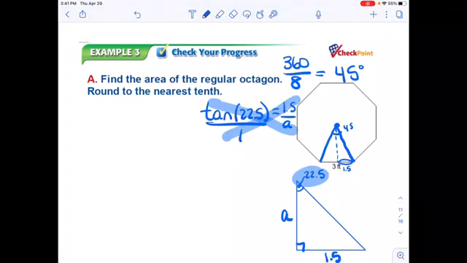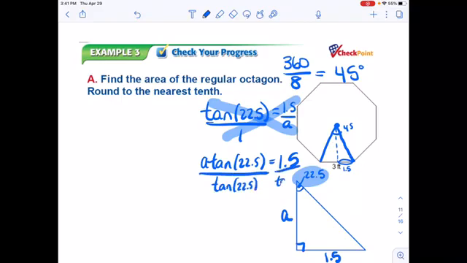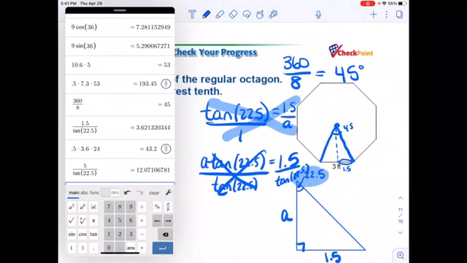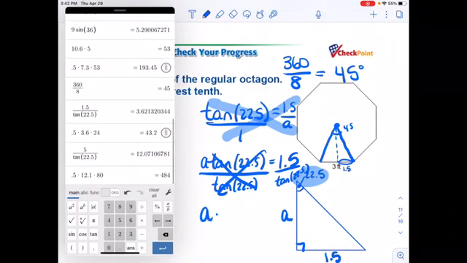I will cross multiply to solve. So I need to take 1.5 divided by tangent of 22.5, and my apothem equals 3.6 feet.